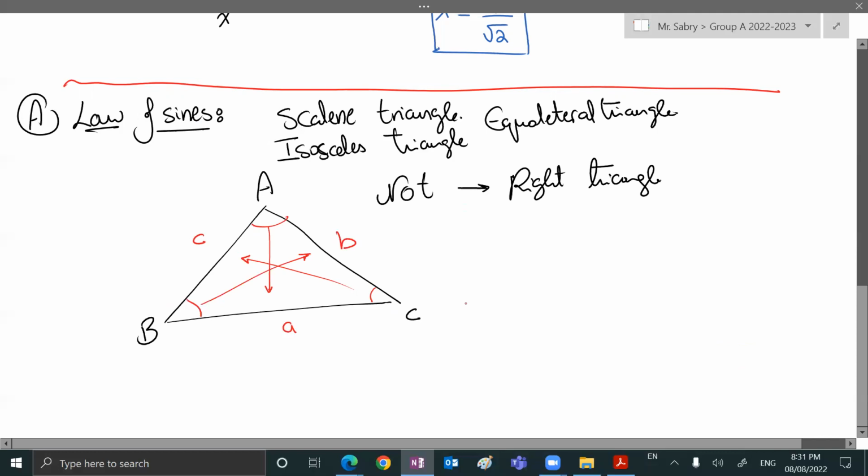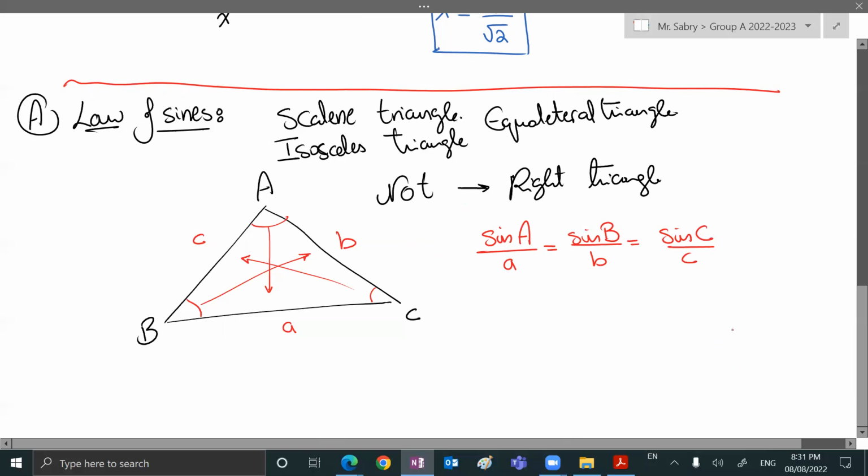I'll write the rule and then I'll try to explain it in a way that makes more sense. Okay? So what does the rule say? The rule says we're supposed to put sine of any angle over its opposite side, and it's supposed to be equal to sine of any other angle over its opposite side.